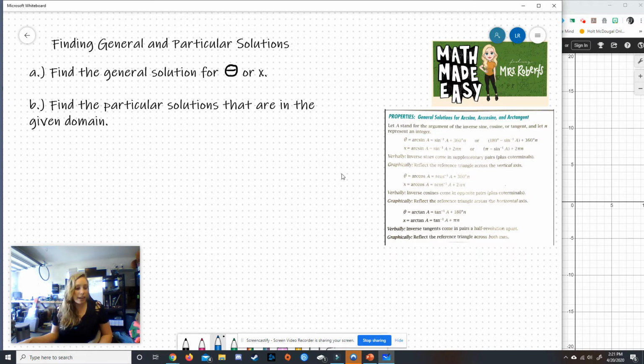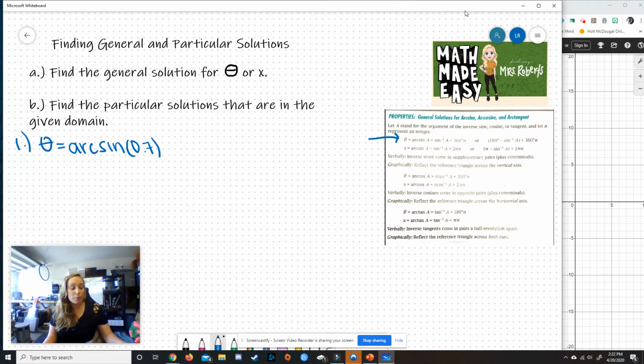So let's go ahead and start with an example. We'll call this example 1. In example 1, we want to figure out what is theta of the arcsin of 0.7. Because we're looking at the arcsin, we are going to be looking here.